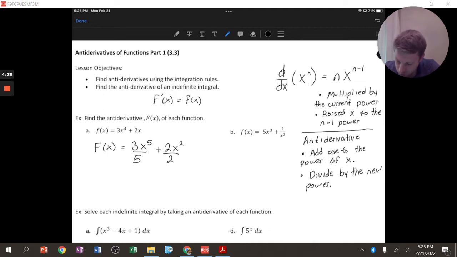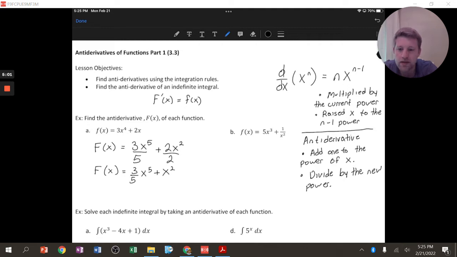Certainly we can go ahead and simplify this just a little bit. For capital F of x, we have 3/5 times x to the 5th, plus x squared. I think this is looking good for one antiderivative.